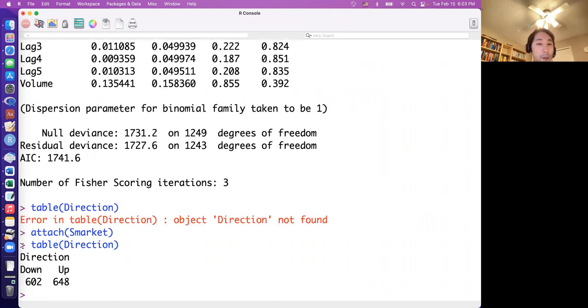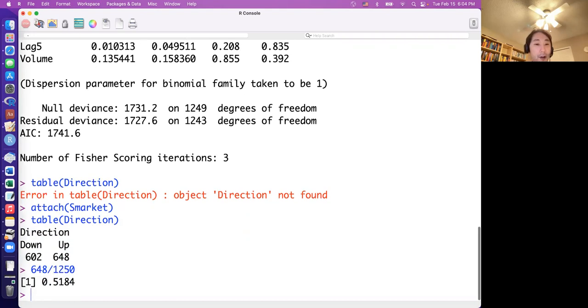Then we can summarize the stock market direction in these 1,250 days. The stock market is down for 602 days and up for 648 days. So it's almost the same, 648 out of 1,250. If we always predict the stock market is up, then we are 51.8% correct. So this is the baseline. We have to beat this number.